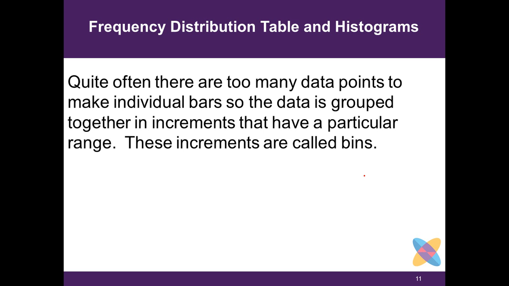So in this case here, I would have a bin, and I would have 0 to 10 is my first bin, and then I would have 11 to 20 degrees, and then I would have 21 to 30 degrees. So this here would be my temperature.